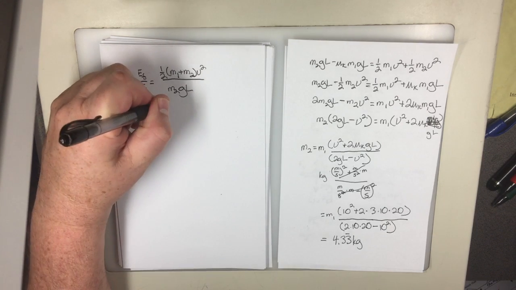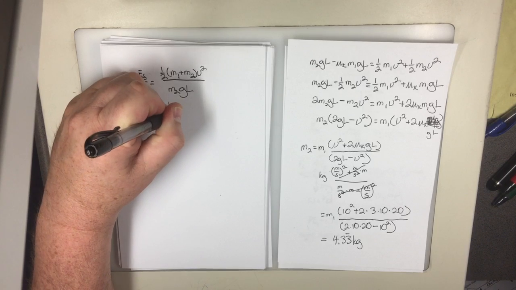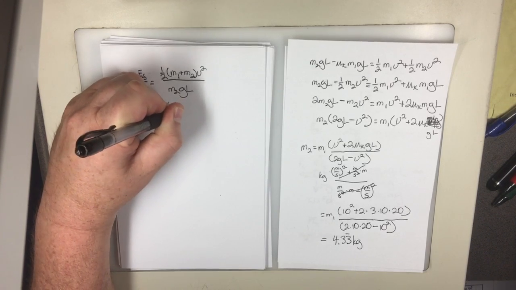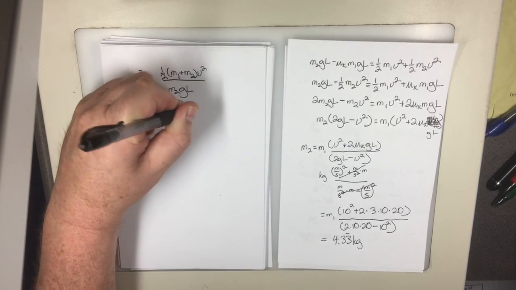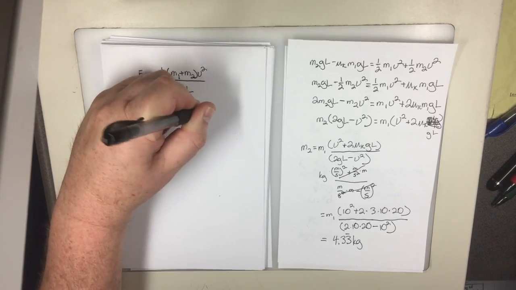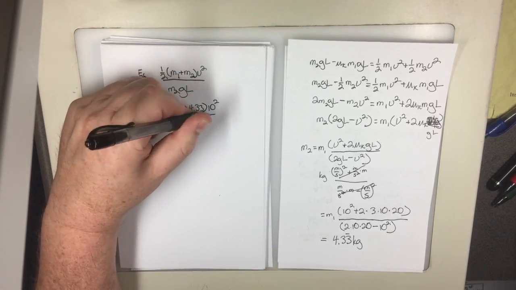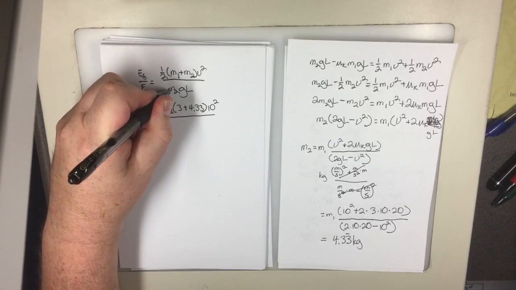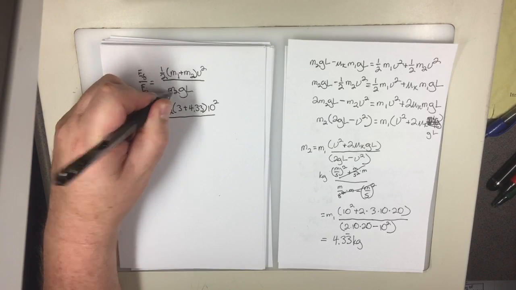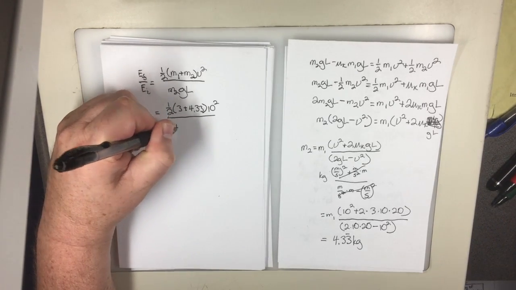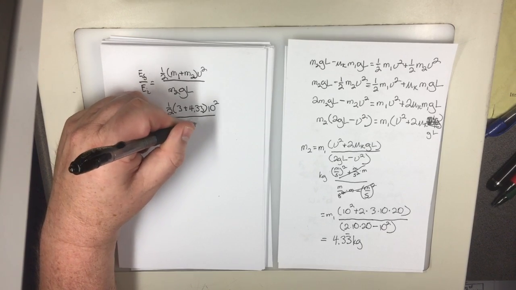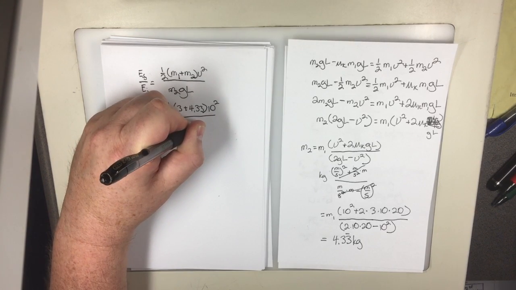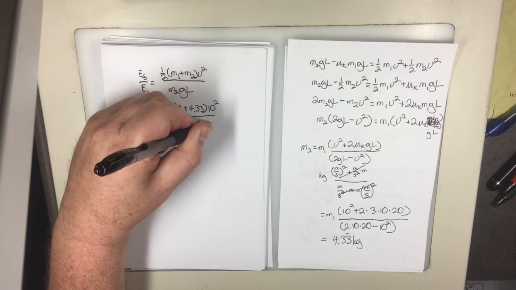So energy final is 1/2 M1 is 3 plus 4.33, 10 squared over M2, which is 4.33 times 10 times 20.